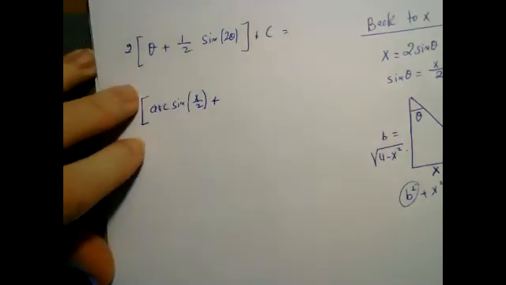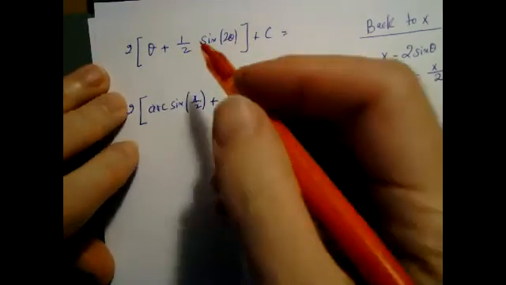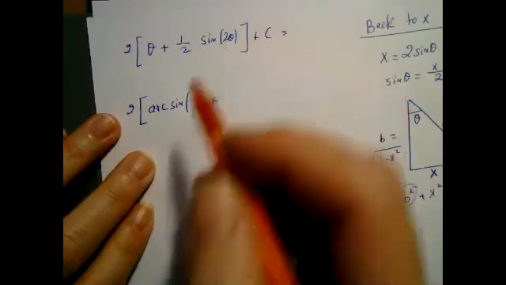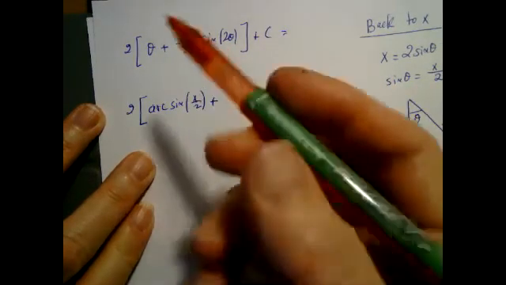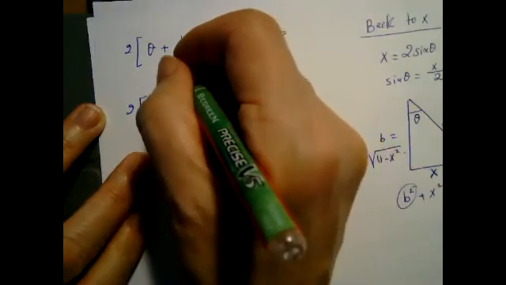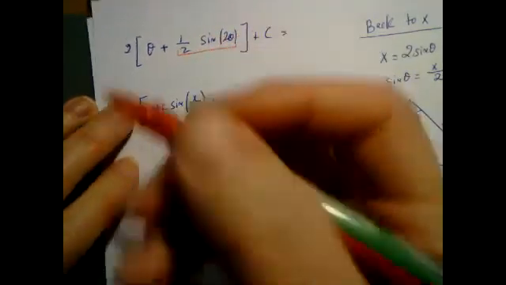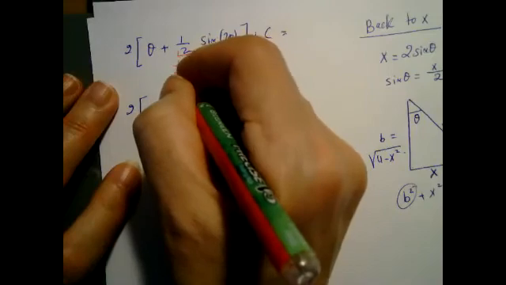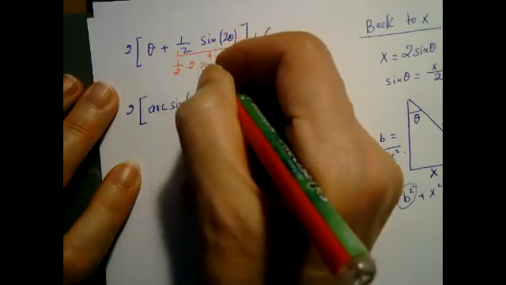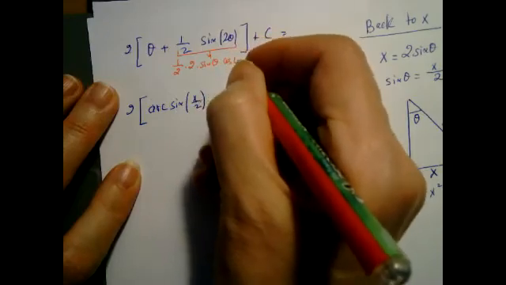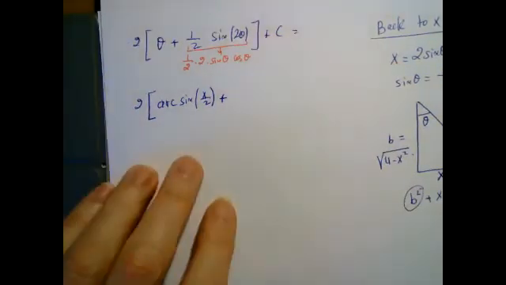And now I'm going to do exactly what I did before. I have sine 2 theta. It's problematic because everything I know is in terms of sine theta. So why don't I express this in terms of theta? That's where the formula comes in. So this is a half, and this would be 2 sine theta cosine theta.